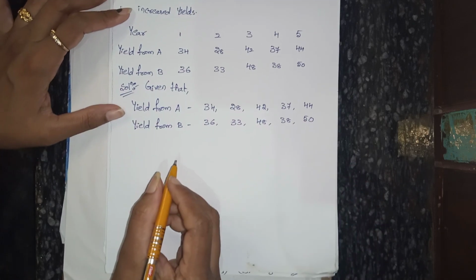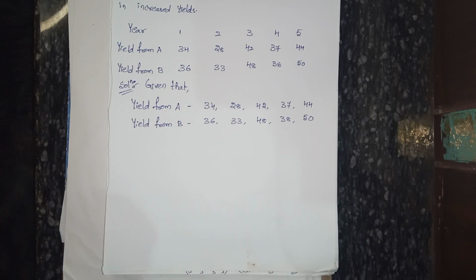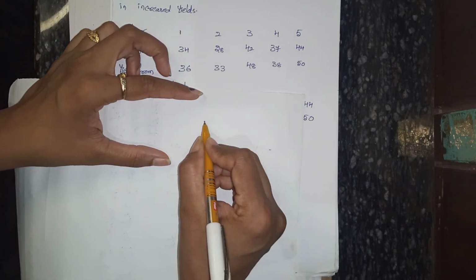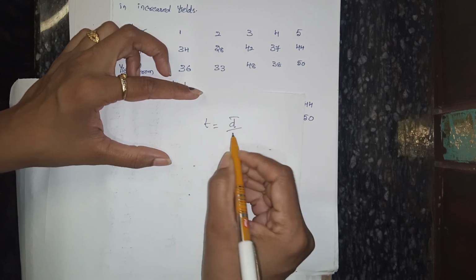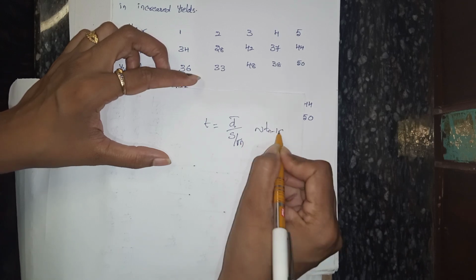Now we have to find out the difference between yield A and B. Why do we have to find the difference? Here, as I told you, it comes under the paired t-test. The formula of the paired t-test is t equals d bar by s by root n, which follows t with n minus 1 degrees of freedom.